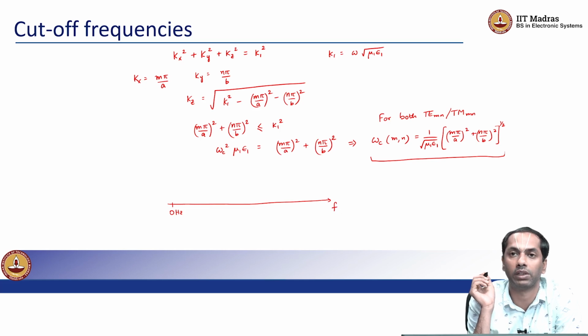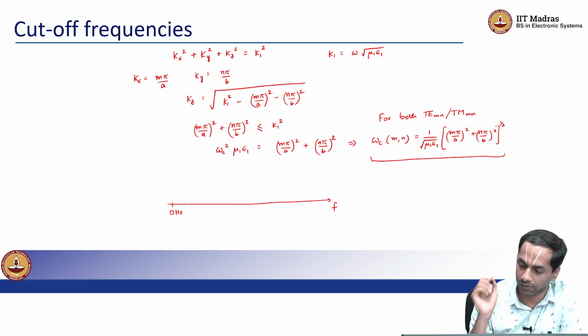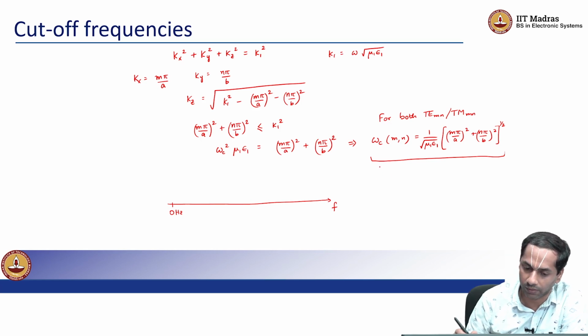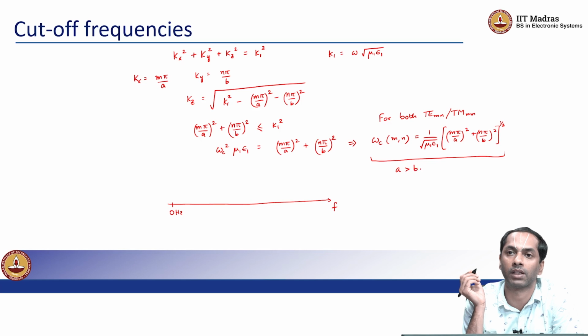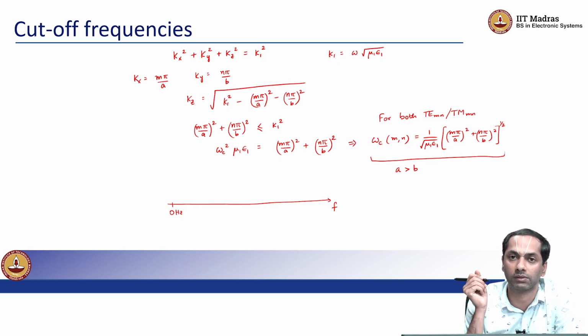So we said that for TE the lowest index order that we can have is 1 0, right, and that would have the lowest cutoff frequency. This is because we have assumed that the longer dimension is along x, right. So between a and b we have this relation that a is greater than b, which means that m pi by a would be a smaller number, right, than n pi by b if m and n were the same, right.